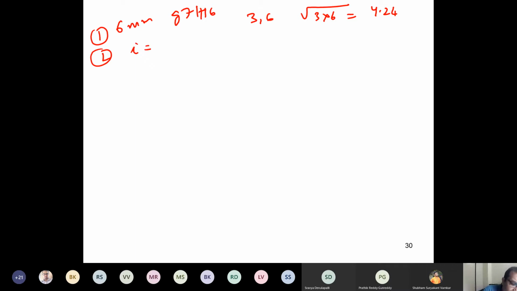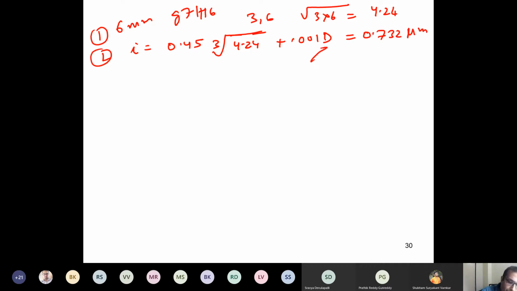So I is nothing but 0.45 times the cube root of D, which is 4.24 in this case, plus 0.001 D. If you do this, the standard tolerance unit comes out to be 0.732 microns.